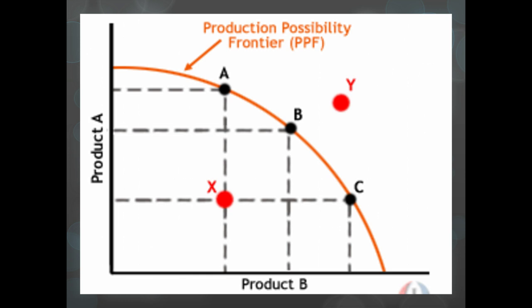It needs some more resources to produce any point outside the frontier. So we say point Y is currently unattainable. Hope it is clear. A point inside the production possibility frontier means underutilization of resources, and a point outside is known as a point which is currently unattainable.